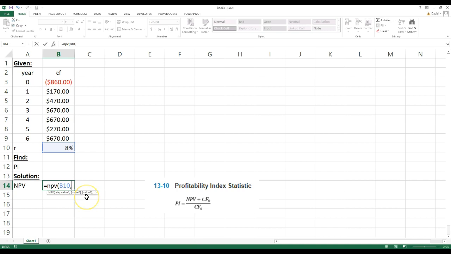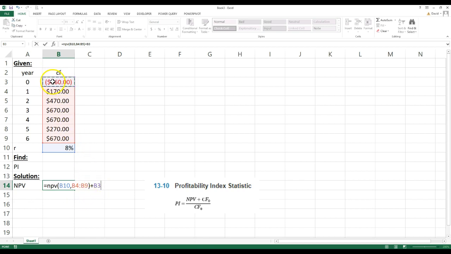A normal NPV is a little bit trickier because you don't include the cash flow at time 0. So you would just pick these 6 years, and then add time 0 back in outside of that. I don't know why NPV has it that way, because some other functions like internal rate of return don't. But if you want to do NPV, you always have to add the year 0 outside of NPV.